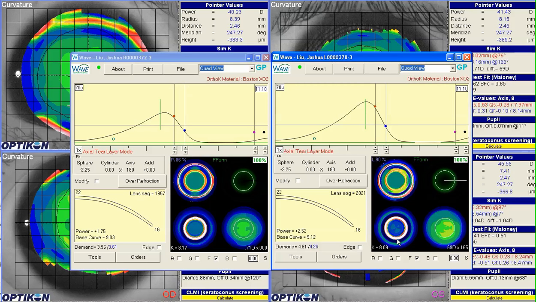The wave window is telling us that our optic zone is not very homogeneous. So back in 100% mode, I'm going to see if we can smooth that out a little bit, and that looks a little bit better.